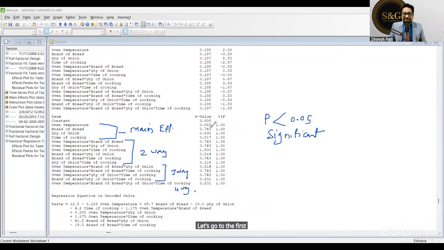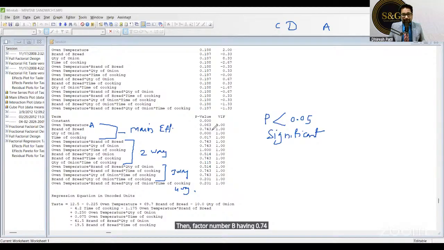Let's go to the first one. Oven temperature 0.063. This is factor number A. See how close that is to the significant factor. You remember C and D are the critical ones, but A is very close. So this is that factor with a very close p-value, which is 0.06. Then factor number B having 0.743.